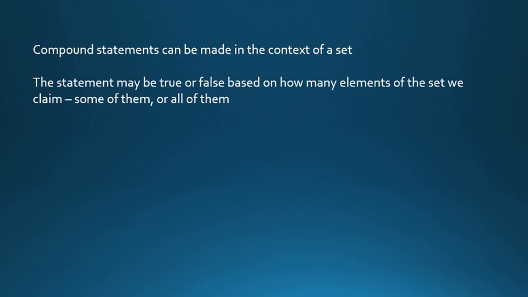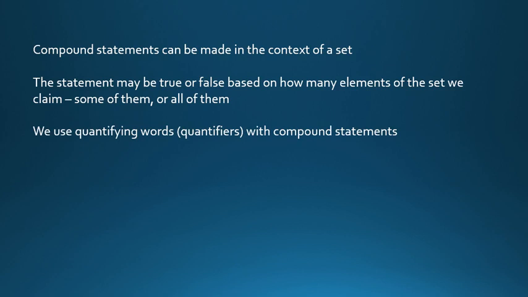We could claim some of these objects have something true or have some property, or we could claim that all of the objects in a set have some property or something like that. And when we create statements like this, when we're bringing in a quantity of things, we are using quantifying words or quantifiers to throw in the mix with our simple or compound statements.